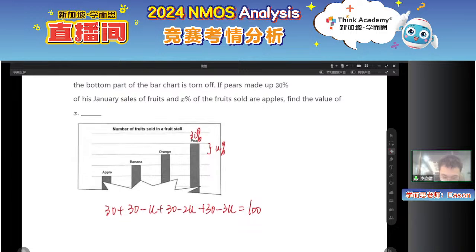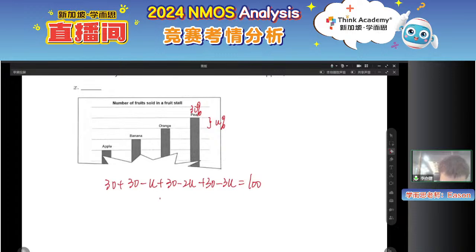So we get 120 minus 6u equal to 100. So u would equal 10 over 3.